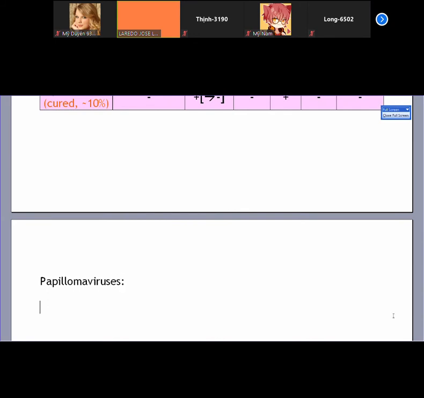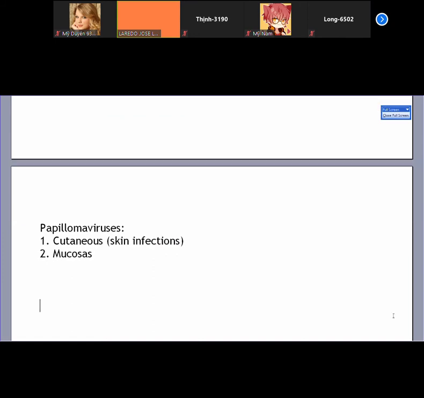Papillomaviruses may infect either the skin, so cutaneous infections, or mucosas. These infections may be either genital infections transmitted by sexual contact or non-genital infections, usually the hands or the feet.